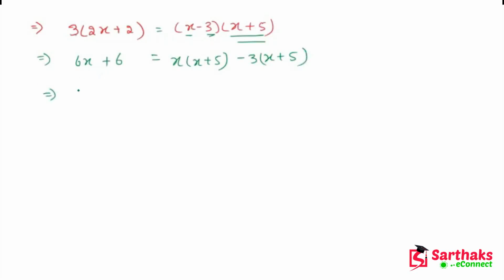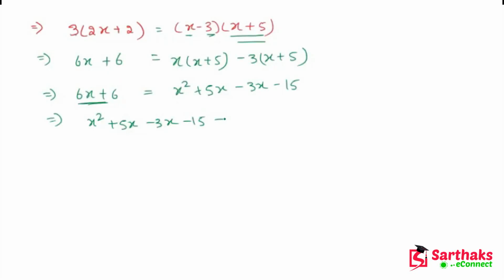So 6x plus 6 is equal to x square plus 5x minus 3x minus 15. Now we are shifting this term to the RHS. So we get x square plus 5x minus 3x minus 15.